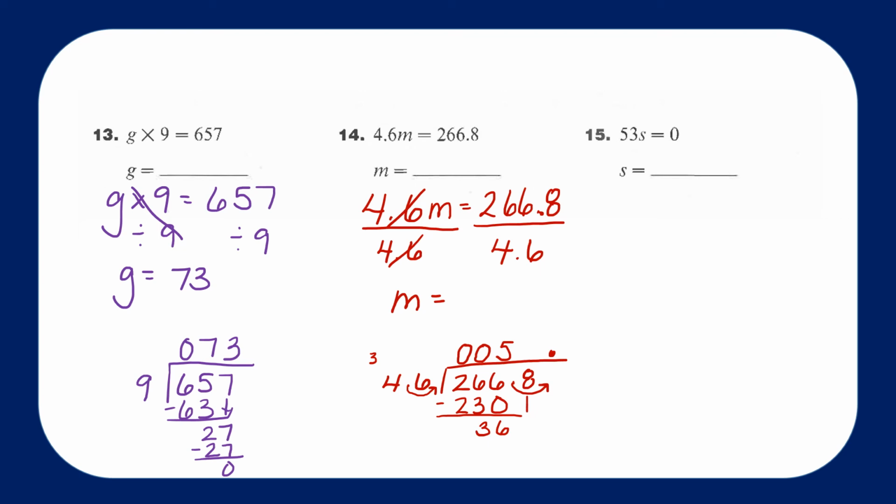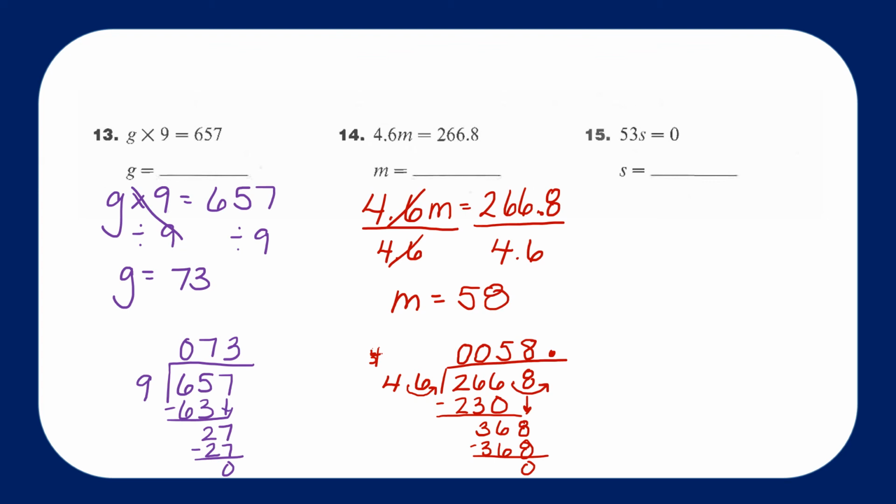We'll bring down the 8. And then we're going to be able to do 8 times. 8 times 6 is 48. 8 times 4 is 32, 33, 34, 35, 36. That's 0. So M equals 58.